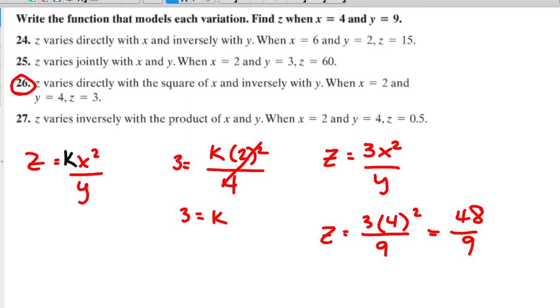Okay, and you can reduce that because 48 has a factor of 3, 9 has a factor of 3. And you could have done that over here as well. So then this just simplifies to 16 over 3. Okay? All right. And I would leave it just like that.